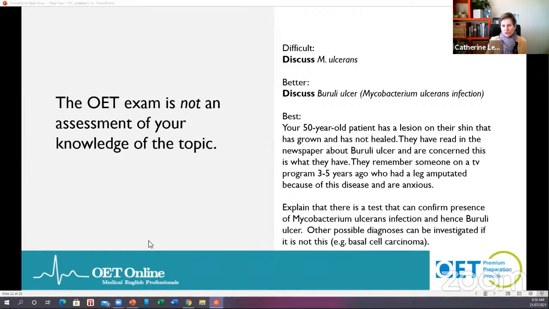So I don't want you to worry about what if I get in the exam room and I'm not confident because I don't know about Buruli ulcer, hereditary hemochromatosis, pilonidal sinus. I've never had patients with these conditions before. It's okay. You can use the information. All those other words on the role card are there to help you.